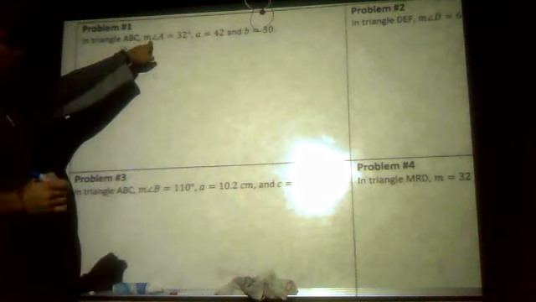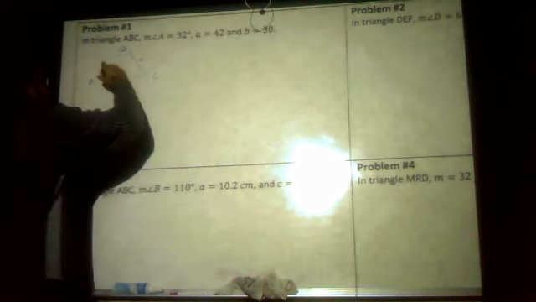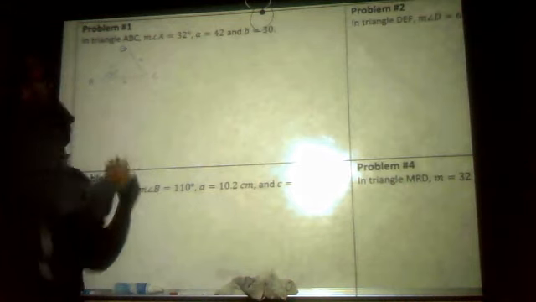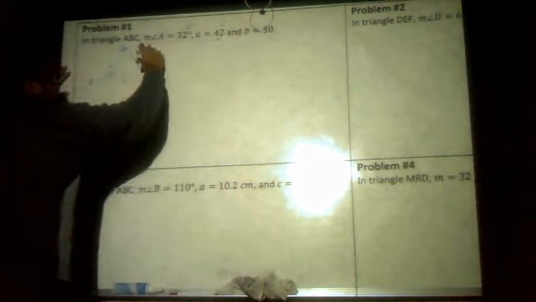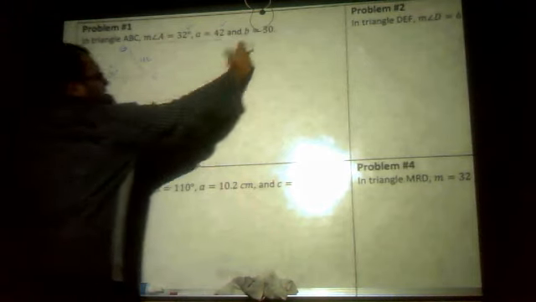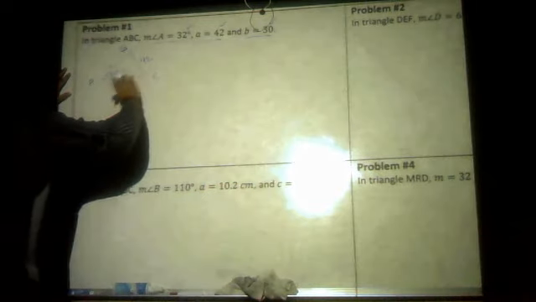So let's see what we have. The measurement of angle A is 32 degrees, so let's plug that in. Little a is 42, so we can erase the little a and write 42. Little b is 30.